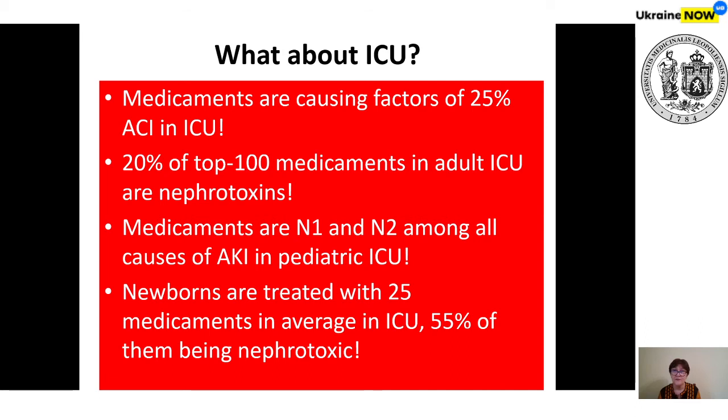Medicaments are causing factors of 25% of acute kidney injury in intensive care units. 20% of the top 100 medicaments in adult intensive care units are nephrotoxins. Medicaments are number 1 and number 2 among all causes of acute kidney injury in pediatric intensive care units. Even newborns are treated with 25 medicaments on average in intensive care units, more than half of them being nephrotoxic.